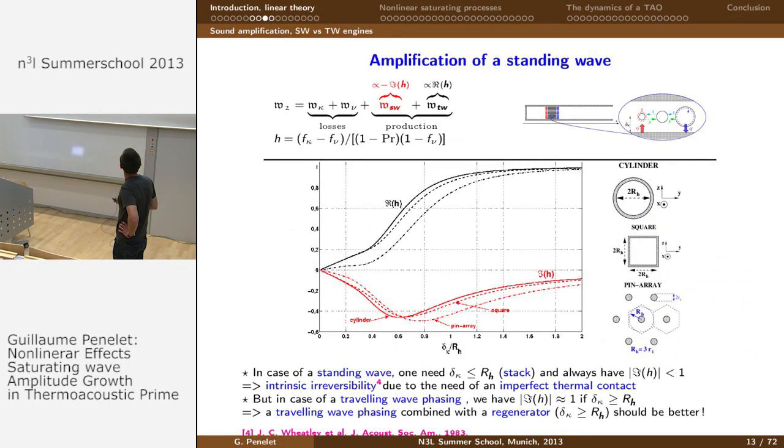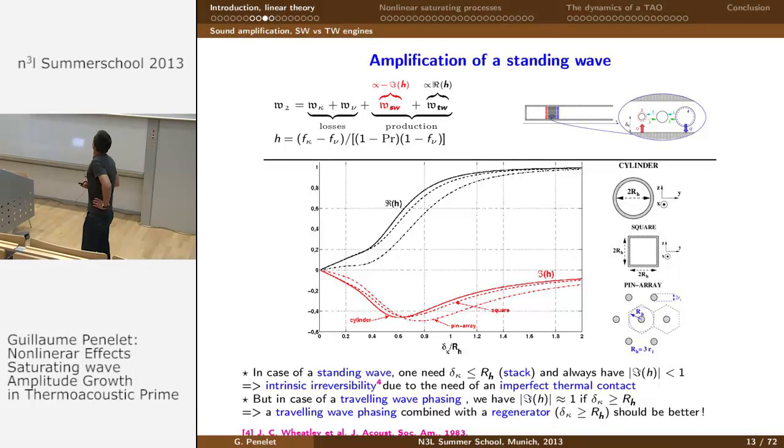So let's go back now to the amplification of a standing wave, and let's consider once again this device, which is the thermoacoustic laser. In this device, we mostly have a standing wave. So acoustic work should be produced mostly by this component of the work production.